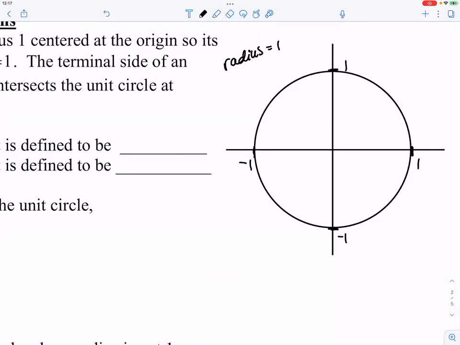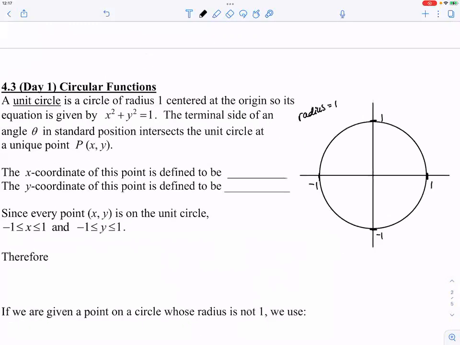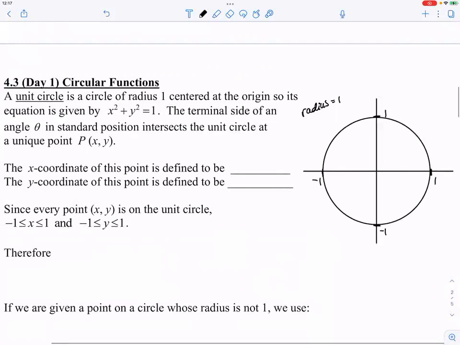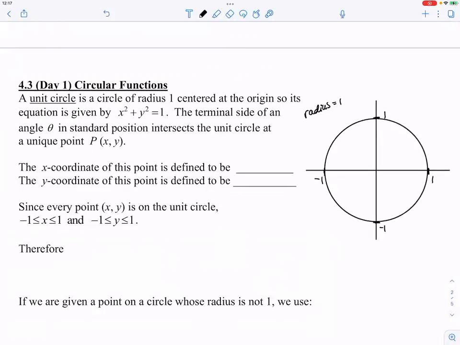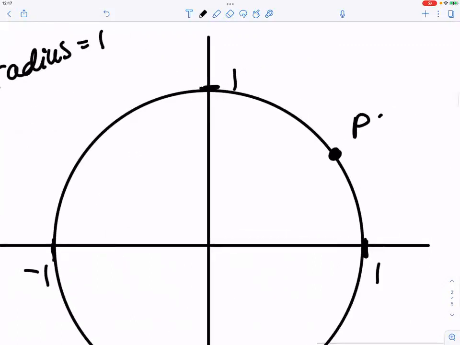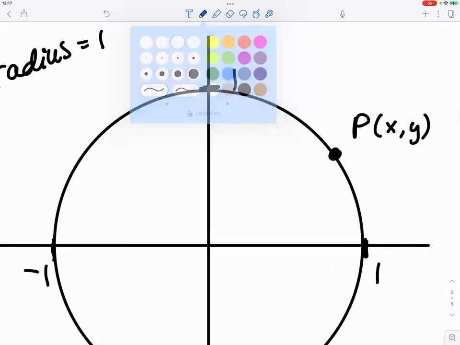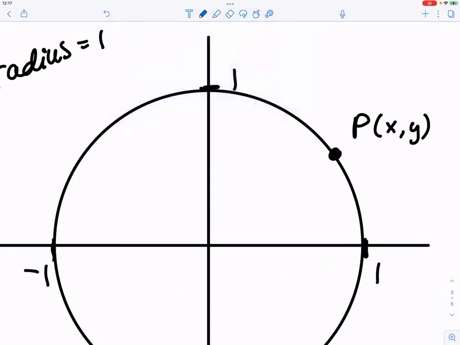And if you have a unit circle, there are things that could become a lot easier. So what this little paragraph is saying is this. If we have a little point and we call it P, and let's call this point P with a coordinate of x comma y. So we can actually draw a triangle to connect the origin with this point.